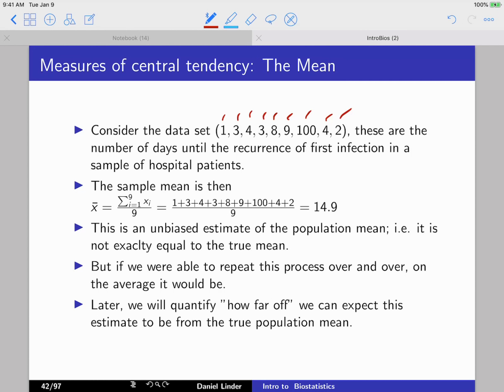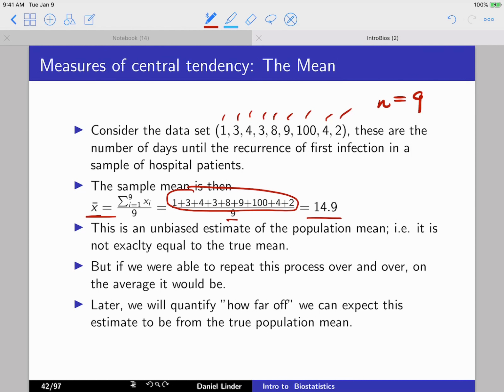So our n is 9 here. If we use the formula for the sample mean, it says take all these values in the data set, add them up, and divide by n. If you do that and do a little bit of rounding, you should get this value, 14.9.